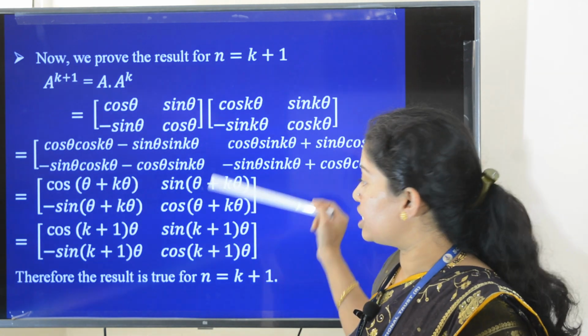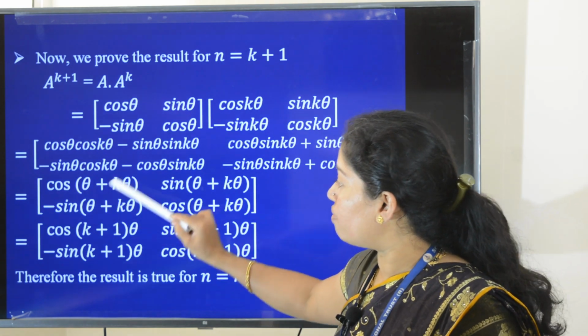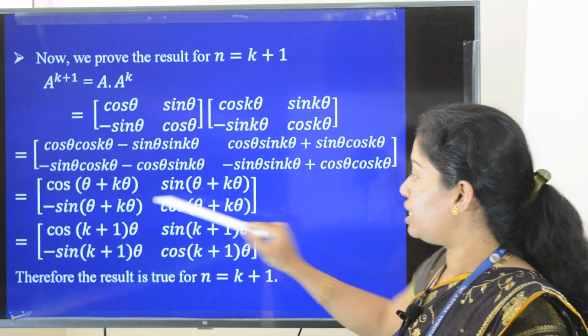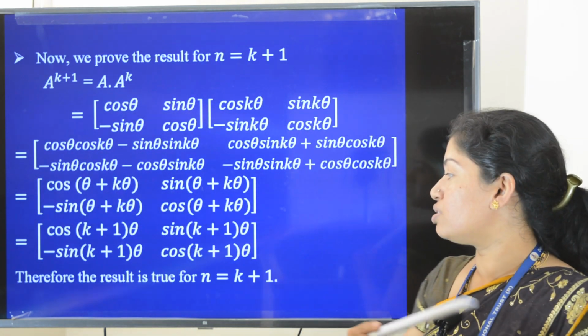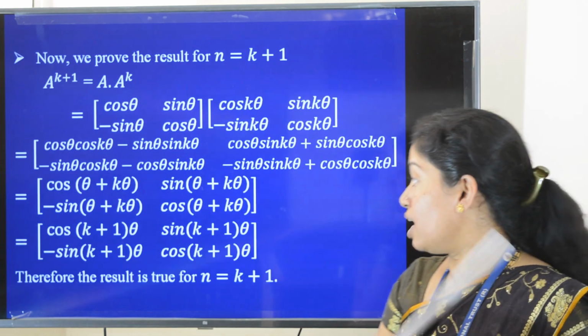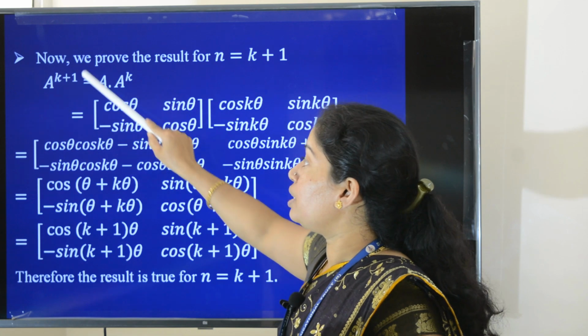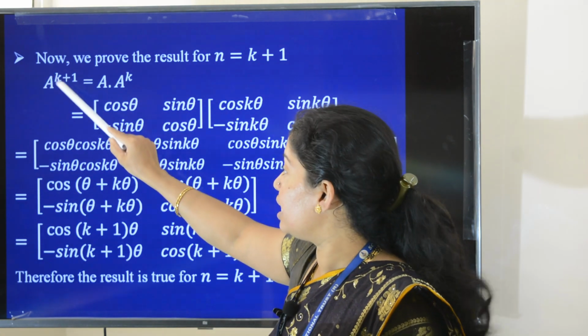Now in this expression you take theta outside, so it will become cos of k plus 1 into theta, sin of k plus 1 into theta, and this will become minus sin of k plus 1 into theta and cos of k plus 1 into theta. So here observe students, our left hand side is a to the power k plus 1. What is the power of a we have here? k plus 1.